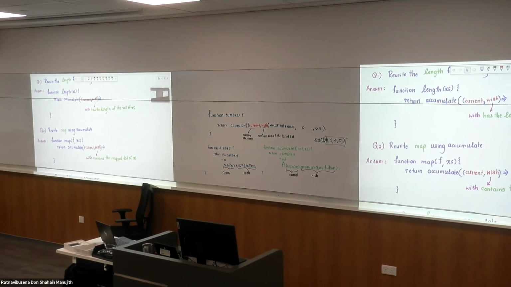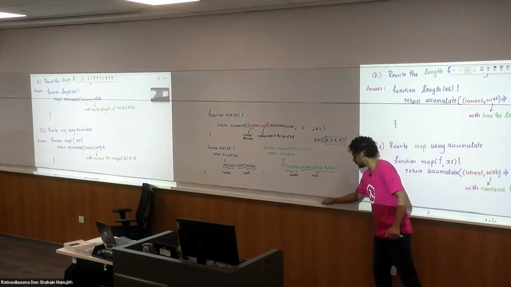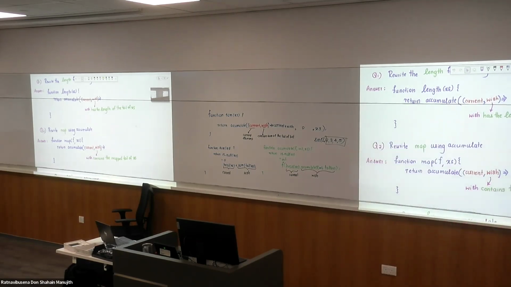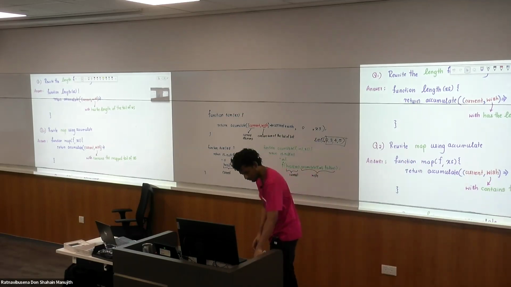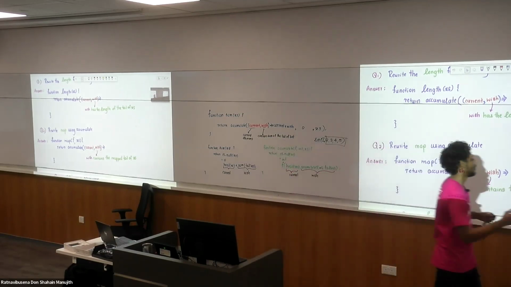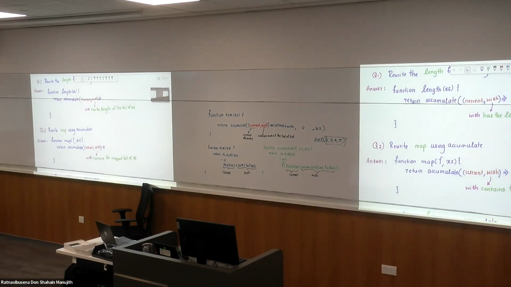In here, map f tail of xs is my wish, right? And head of xs is my current, right? So now what should I do here? Just look at this one. How can I translate it into my binary function?